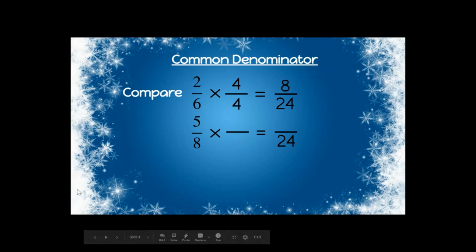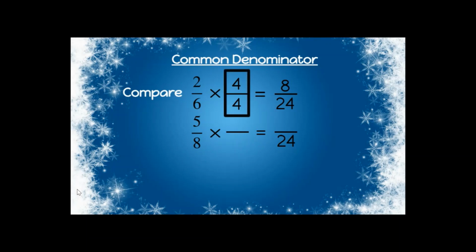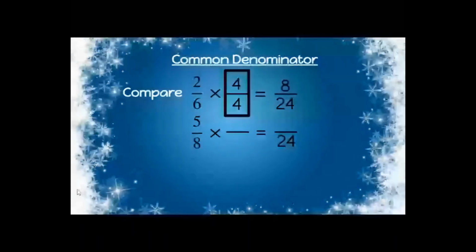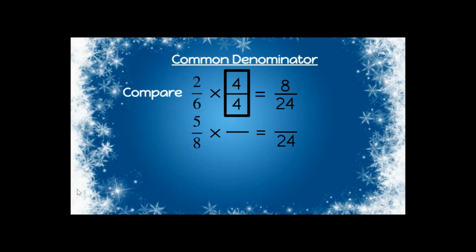Notice we multiplied by 4/4, which is equivalent to 1 whole. When we multiply any number by 1, we get the same number. Although the numbers in the fraction changed, the amount it represents is still the same. That is why we call it equivalent. Now let's do the same to 5/8.